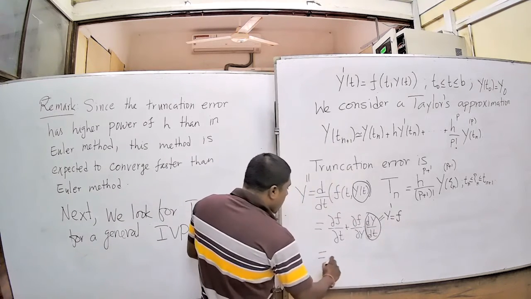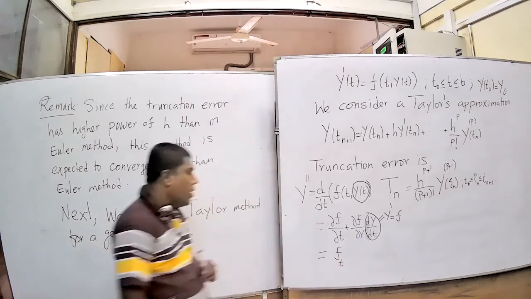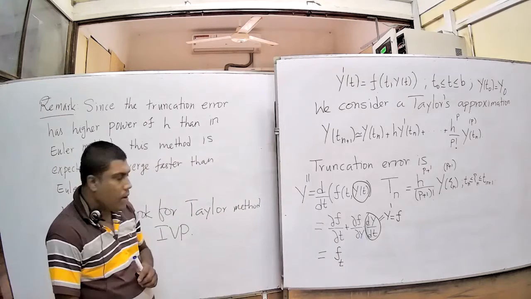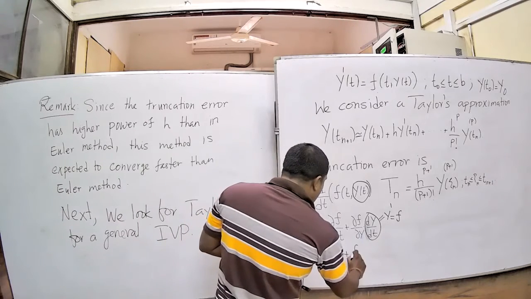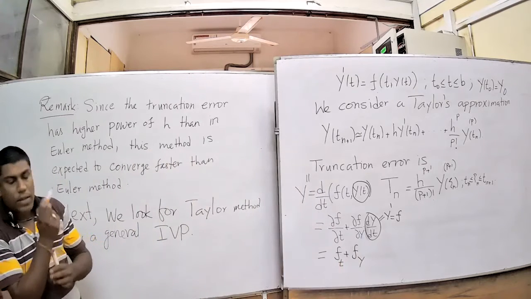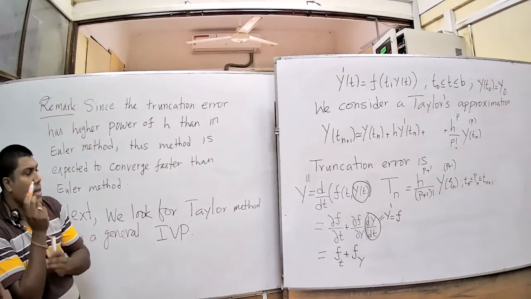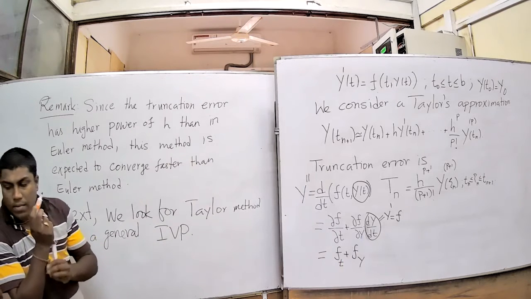That is why I use the notation f sub t, the partial derivative of the function with respect to t, plus f sub y, the partial derivative of the function with respect to y, times the derivative of y with respect to t, but that is equal to f again.